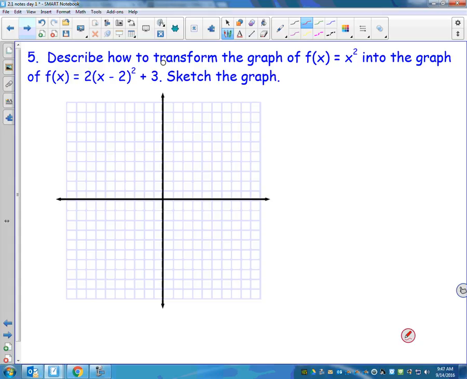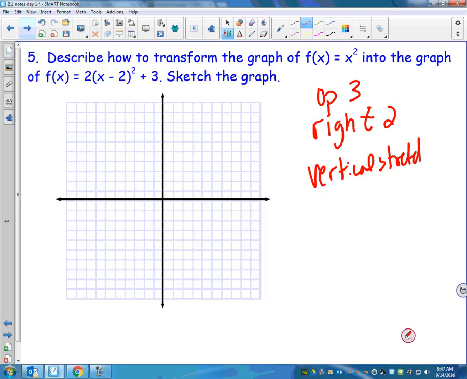When you have a number outside, that's moved up 3. And because we have a -2 on the inside, that's moving which direction? And then a 2 in the front is going to stretch our graph. And you're so right. It's a vertical stretch by a factor of 2.